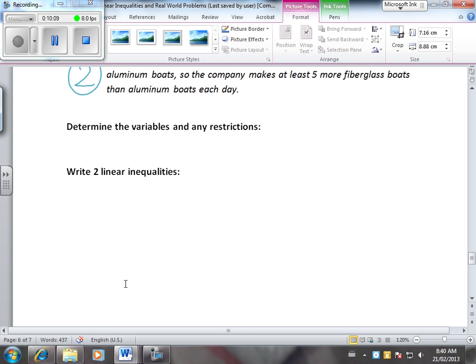So let's determine the variables. Normally we use x and y, but when we're working with a real world problem, we can assign variables that are more related.